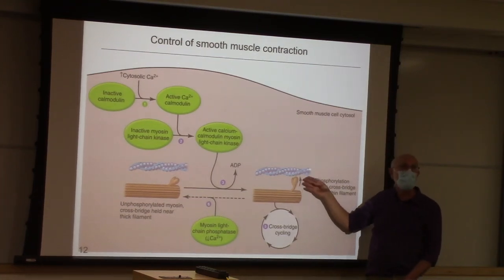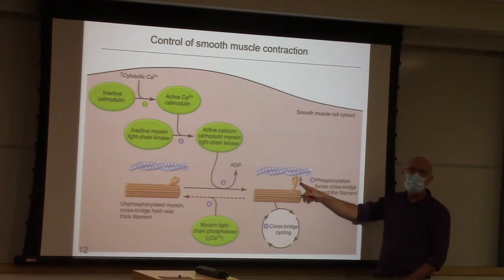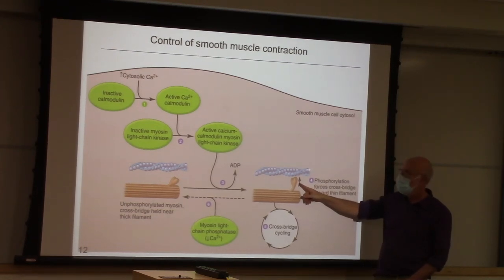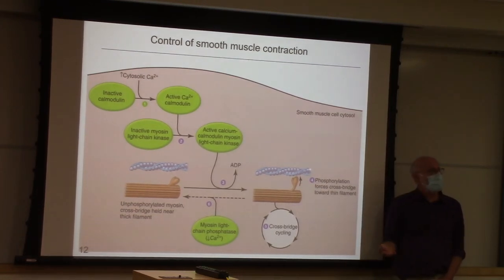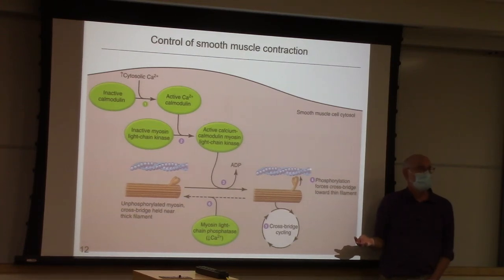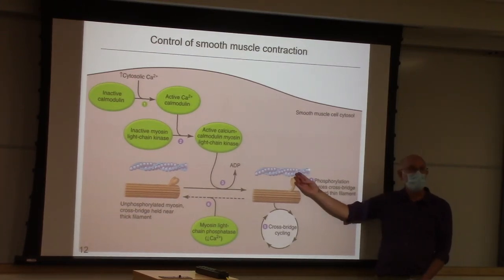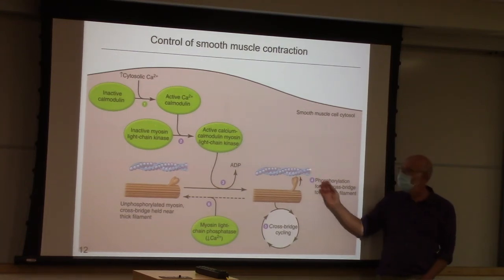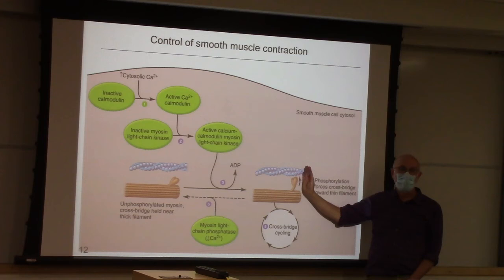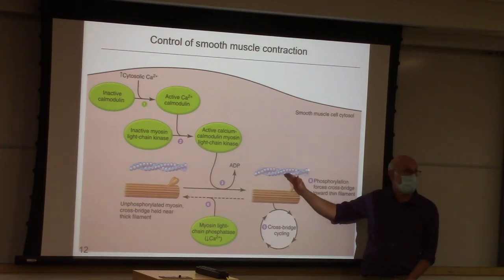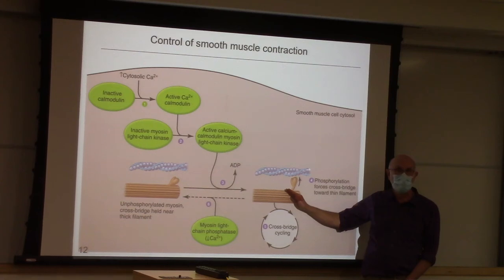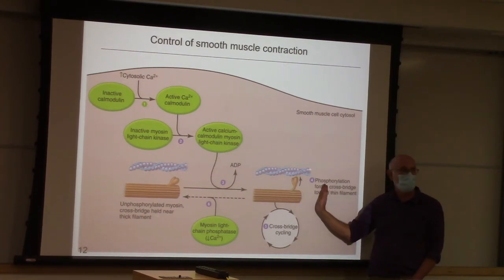So the cross-bridge cycle is initiated by the phosphorylation of myosin. But the steps of the cross-bridge cycle are the same as with skeletal muscle. Binding, dissociation of ADP and phosphate causing the power stroke, ATP binding causing unbinding, ATP hydrolysis causing it to reach out again.